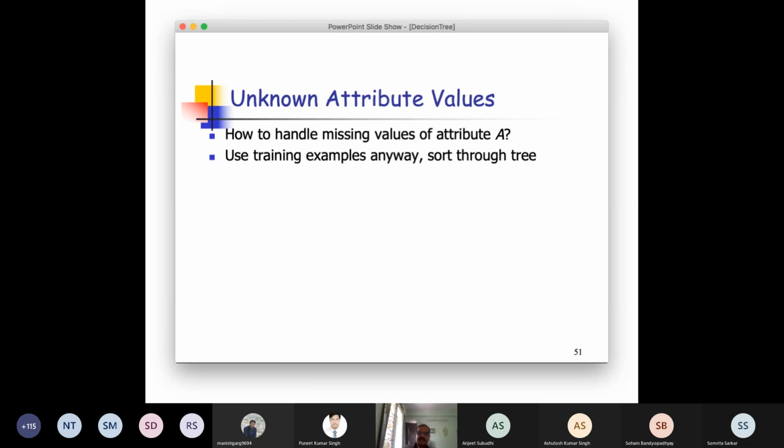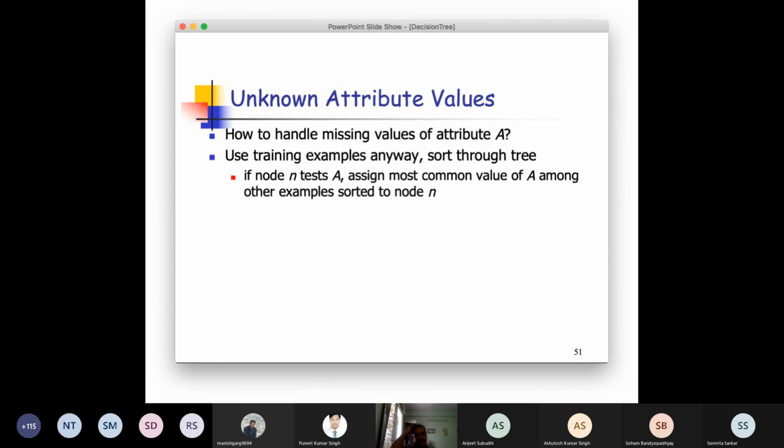Use training examples anyway, sort through the tree, and when the node n tests A, assign the most common value of A among the other examples sorted to node n, which means whatever examples are associated with that node. And now at the next stage of splitting, when you are choosing attribute A, since for some training examples you do not have the attribute value, you can enforce a certain attribute value there.